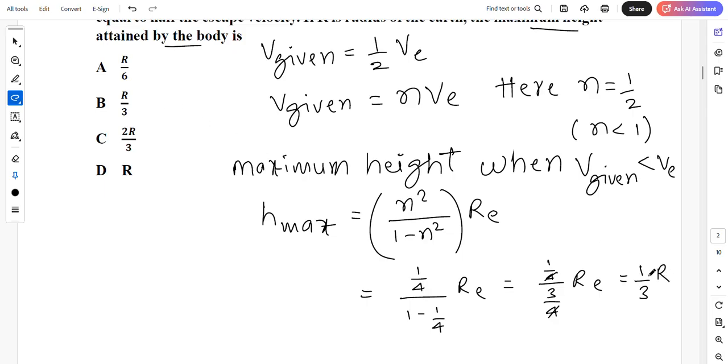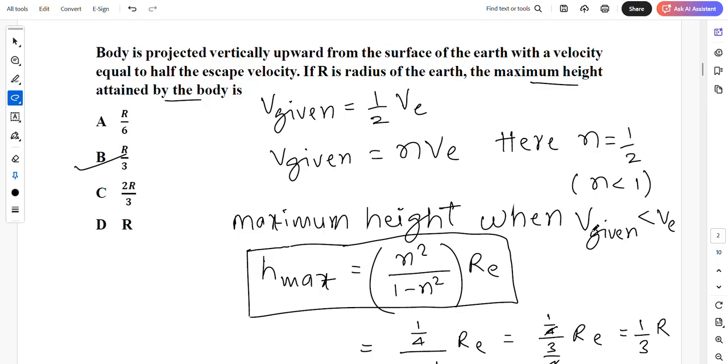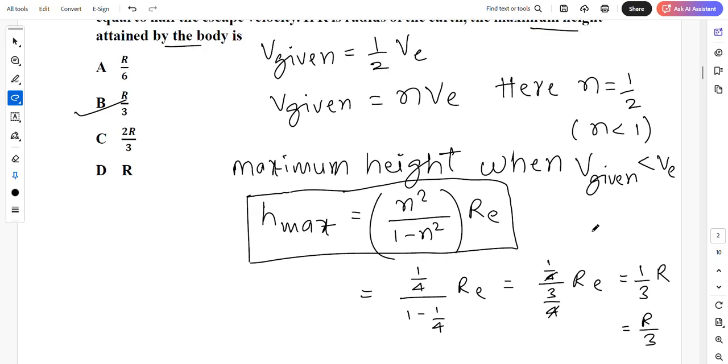Okay, 1 by 3 r, that is r by 3 is the right answer. Hope you understood. Use this formula for calculation of maximum height when v given is less than escape velocity. Okay, right. Let us do the next problem. Hope you understood this one. This is r by 3.